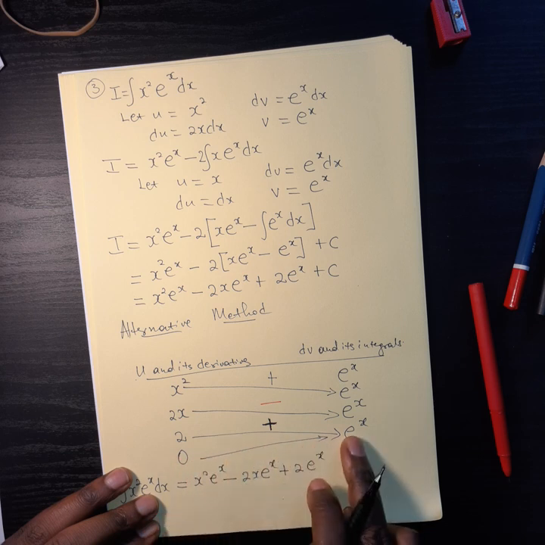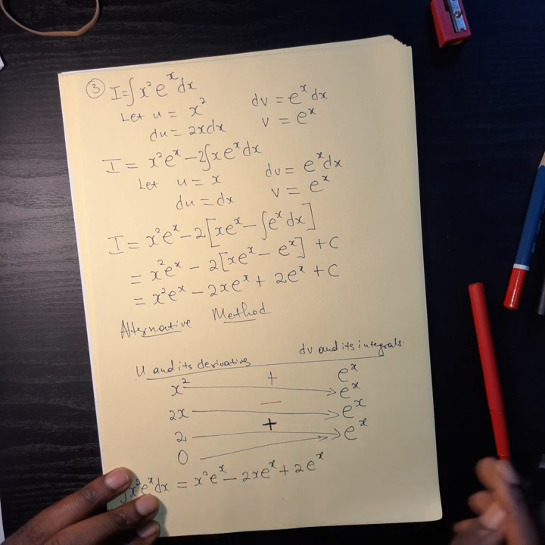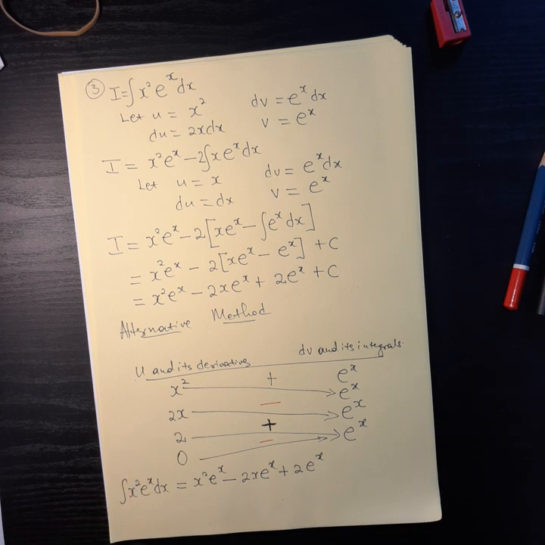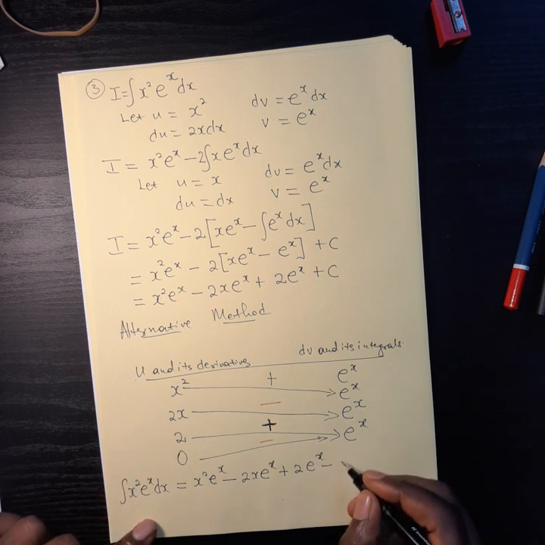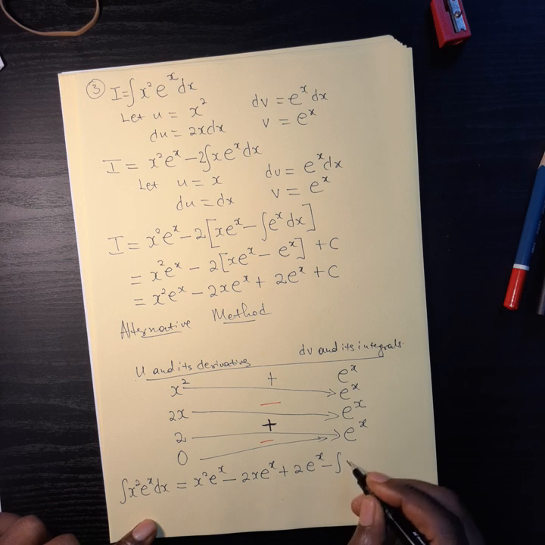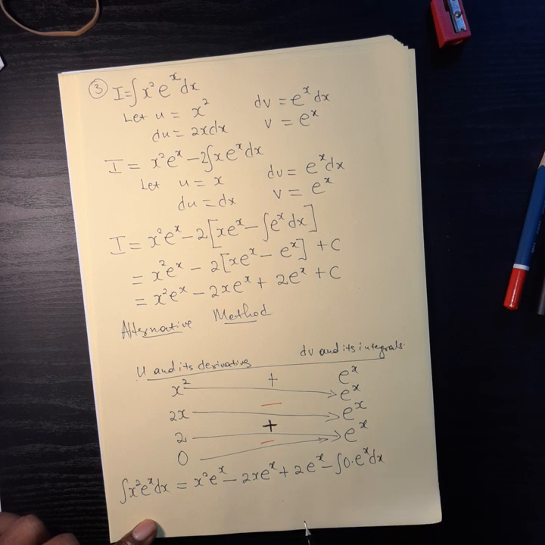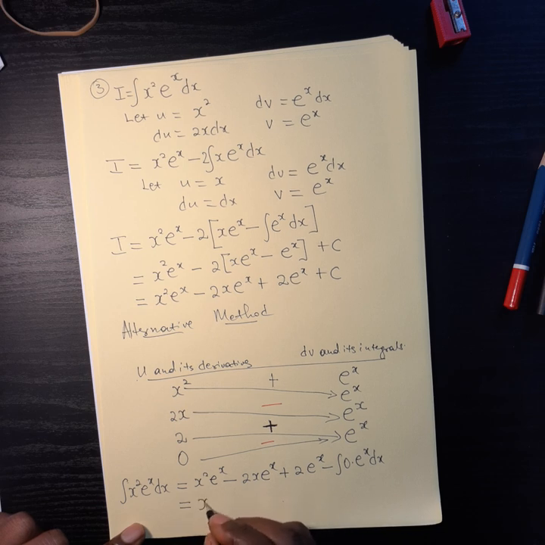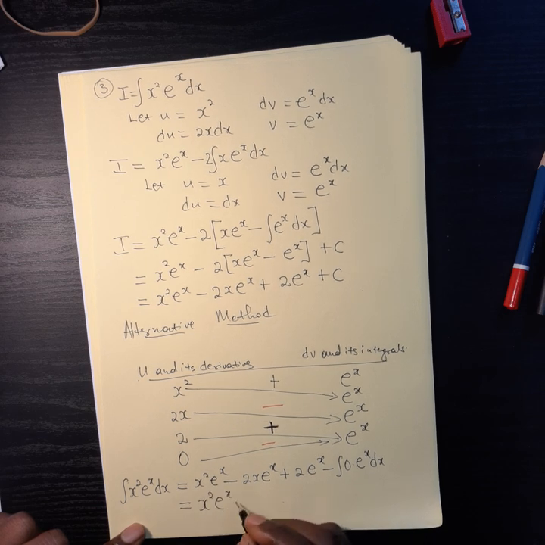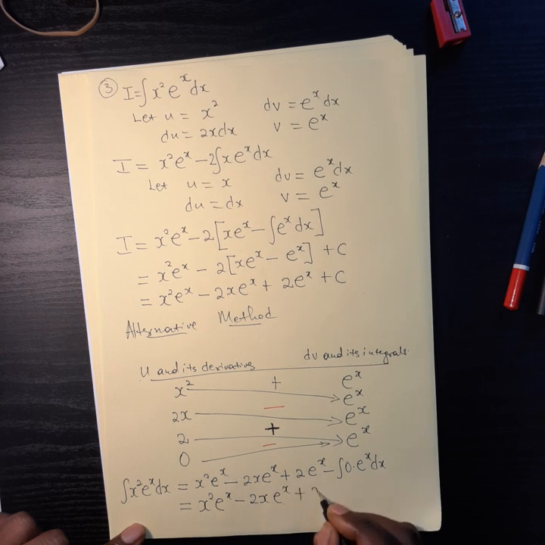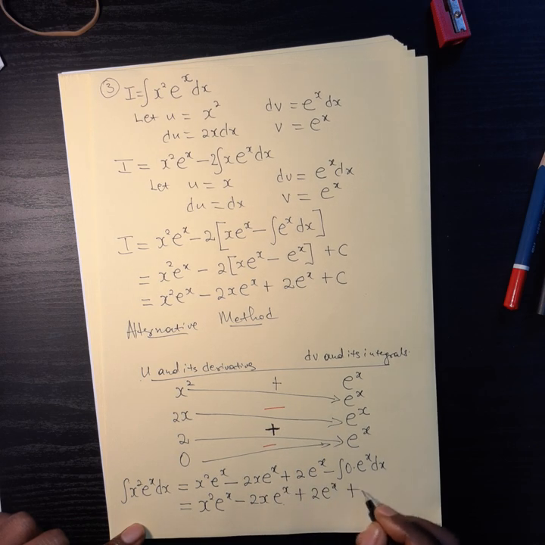Then this is 0, so it would have been minus the integral of 0 times e to the power of x dx. All right, but this is 0, so we end up with simply x squared e to the power of x minus 2x e to the power of x plus 2 e to the power of x plus c.